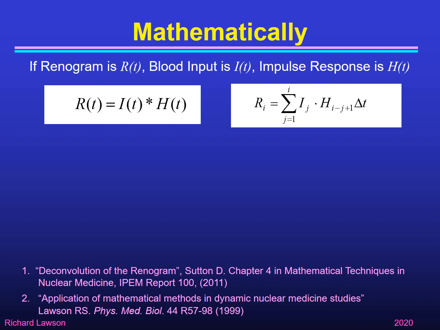We can write the same thing in discrete form, where Ri is the ith time interval of the renogram, Ij is the jth time interval for the blood input, and H is the impulse response, and delta t is the time interval between points. In that case, this summation is the equivalent way of writing that convolution.